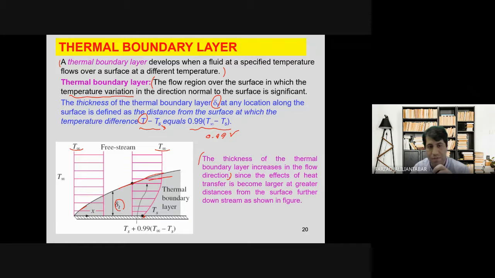Delta T here is bigger than here. Delta T is a function of x, since the effect of heat transfer becomes larger at greater distance from the surface to the downstream as shown. As you can see, this delta T is bigger than this delta T due to this. More heat is transferred to the edge.